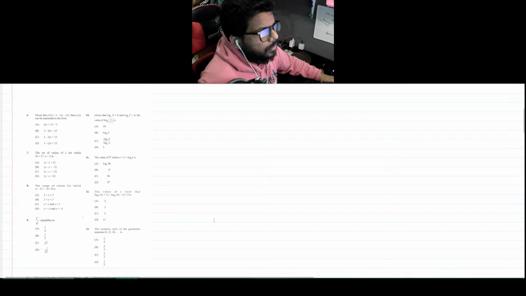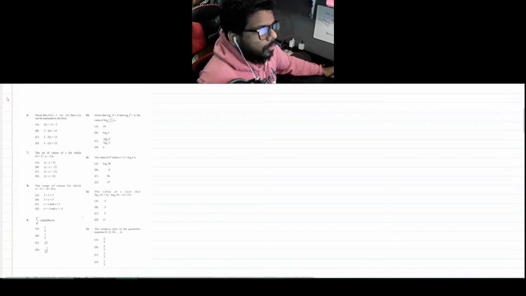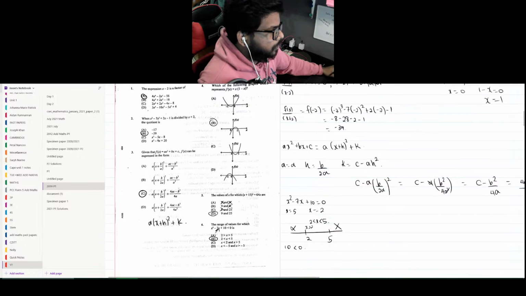Given that f of x is that, then f of x can be expressed in the form... again, word for word, this is a repeated question. This one is, again, for the sake of saving time. Which one of the questions was this now?